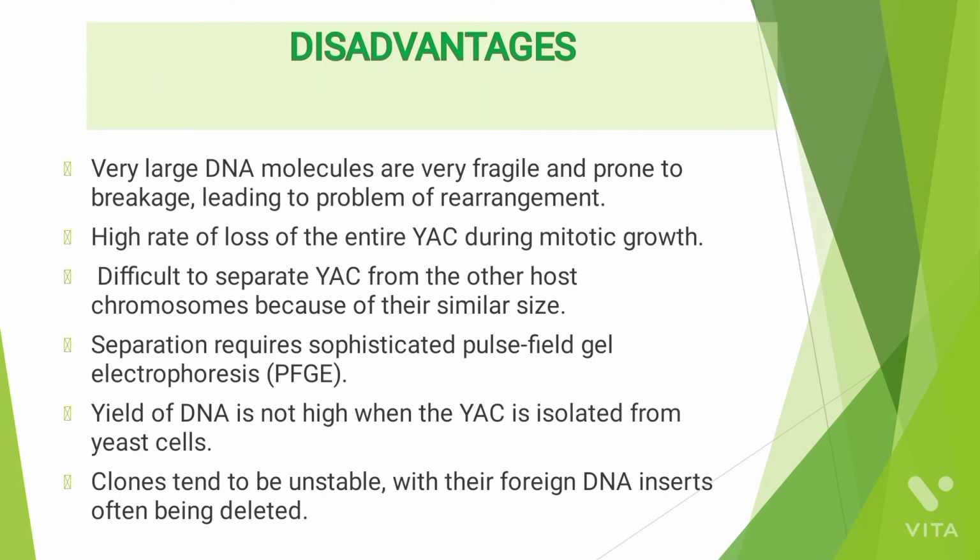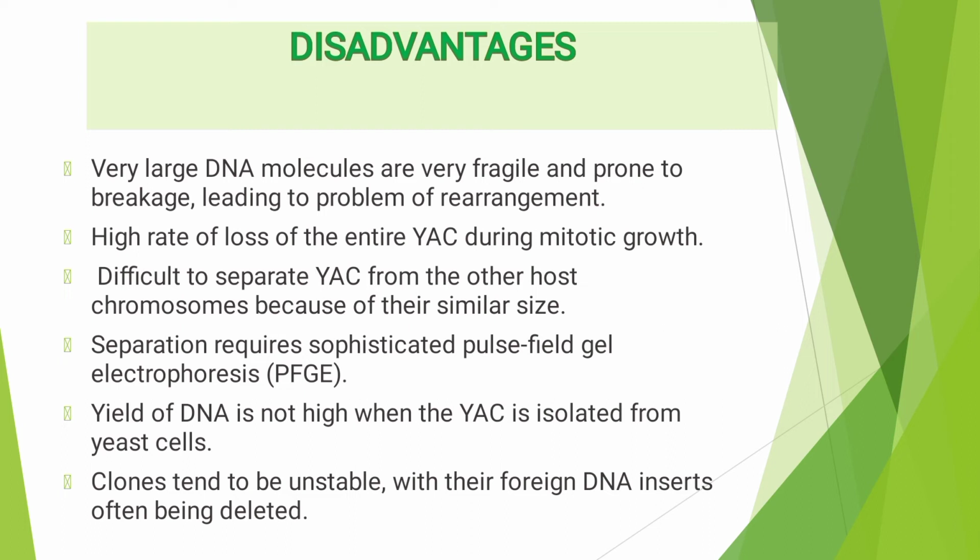Various disadvantages of using the YAC vector system. These are very large DNA molecules, very fragile and prone to breakage, leading to the problem of rearrangement. It has a high rate of loss of the entire YAC during mitotic growth.